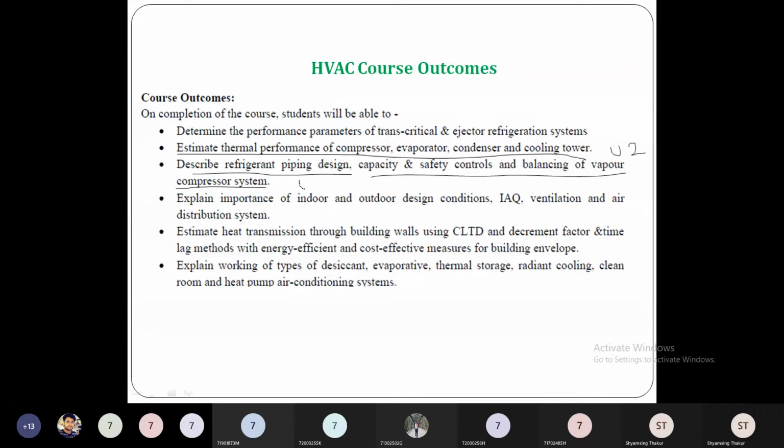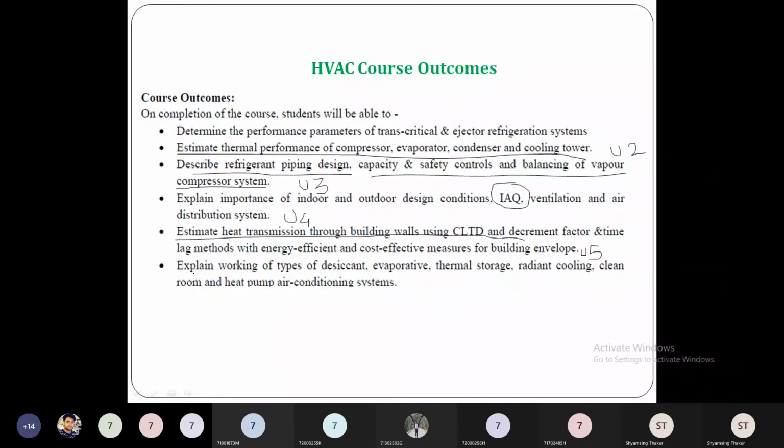Then important indoor and outdoor design conditions, indoor air quality, ventilation and infiltration, that particularly you are going to see in unit number 4. Then estimating heat transfer through building walls, CLTD, decrement factor, time lag methods, and energy efficient, cost effective measures for the building envelope, that you are going to see in unit number 5.